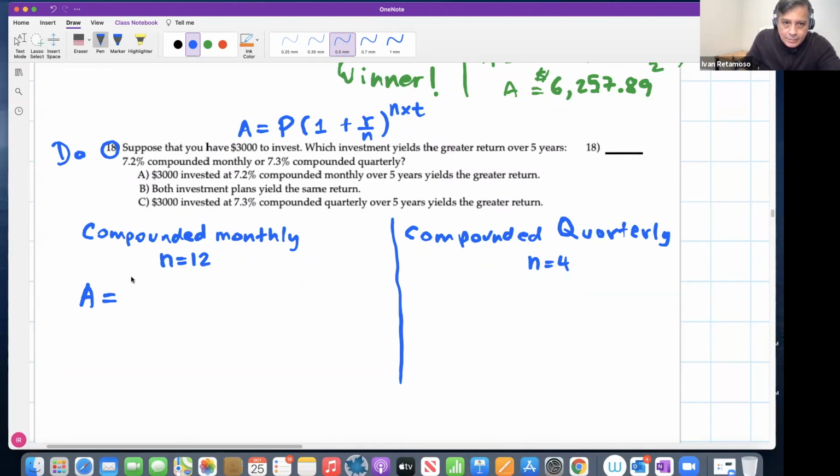Accumulated value is equal to present value, which is 3,000, times 1 plus R. R here is 7.2, so what I have to write here is 0.072 over N, N is 12, and all that raised to N, 12 times the number of years for the investment, which is 5. This is one computation.